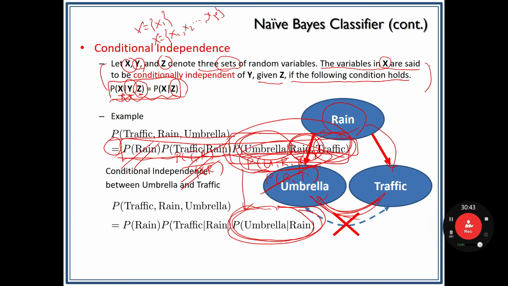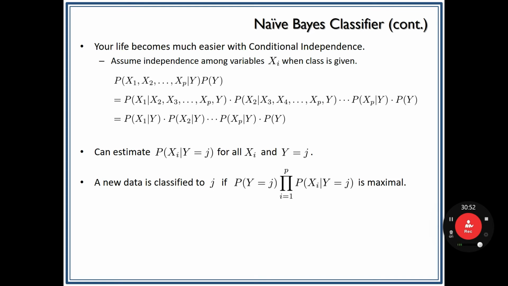So we additionally incorporate this conditional independence assumption in our classification task. Here I made this sentence: our life becomes much easier with this conditional independence assumption.